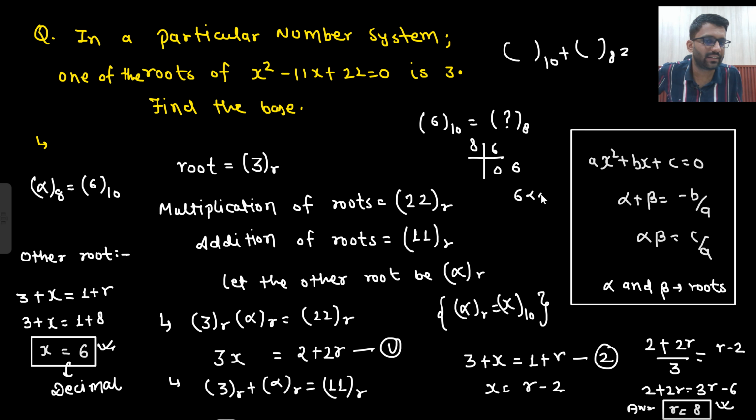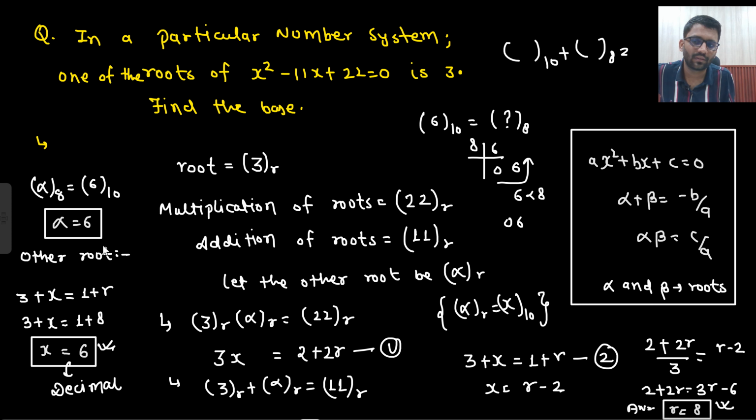Basically 6 is less than 8, so it will be the same. You go upward, so 0, 6 only you will write. If this answer is in decimal, it means 6 with base 10. So the value of alpha would be 6. This answer is in base 8.